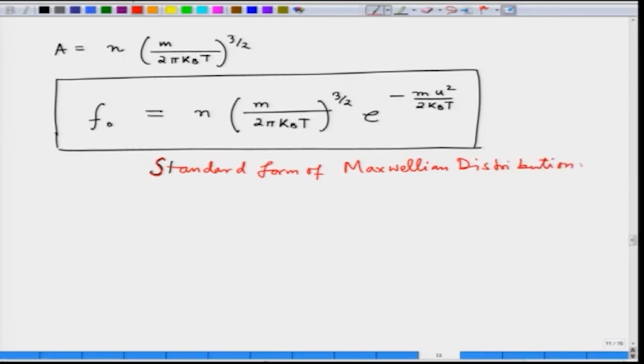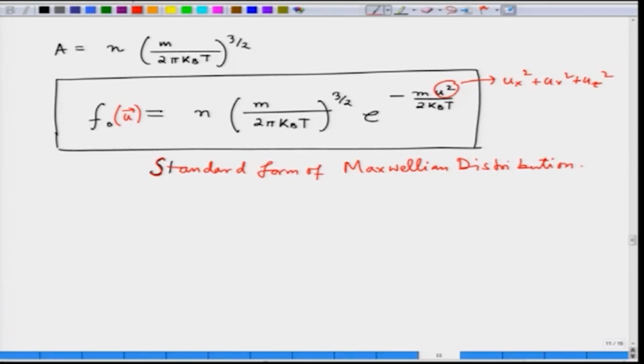Now, remember, this is a function of the vector u. When I write this, u square is equal to u x square plus u y square plus u z square. So, there is no assumption of isotropy a priori. Now, let us say we are trying to understand how this distribution function should look for a system where we have isotropy in terms of velocities.